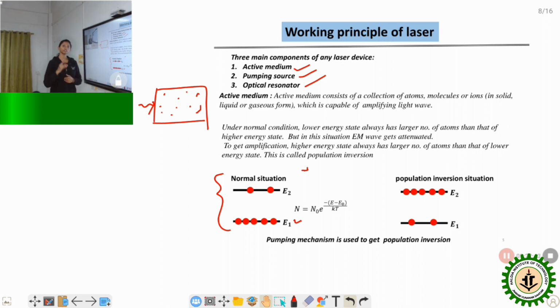But if we want to get the laser signal, we need stimulated emission, and because of that we need this. That means at normal temperature, we have to get the situation that a higher number of atoms is at the higher excited state and a lower number at the lower state, which is called population inversion. And in the next class, I will discuss how you will get the population inversion.